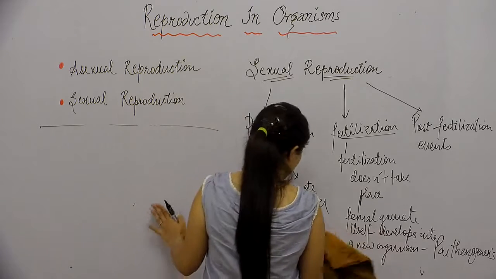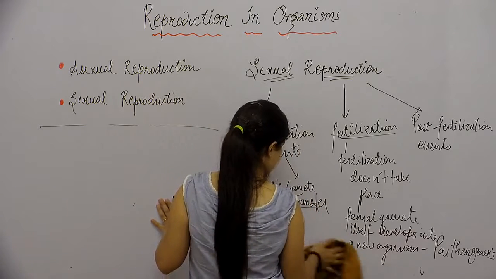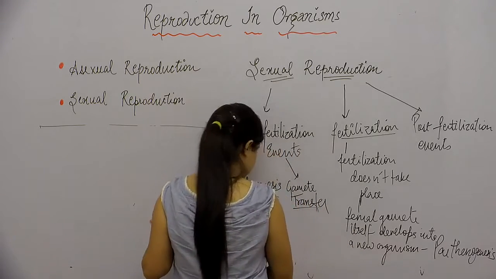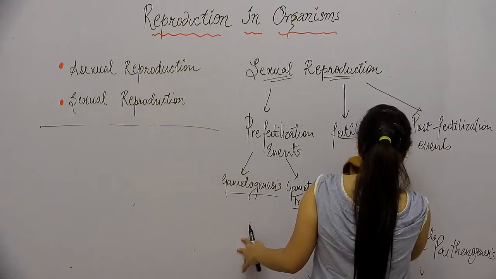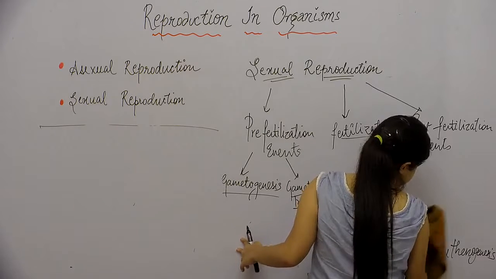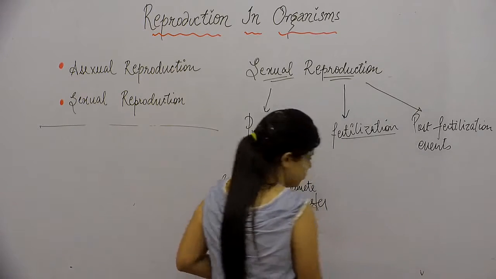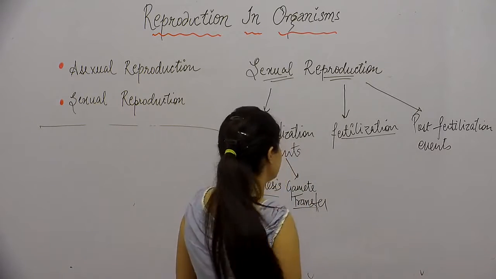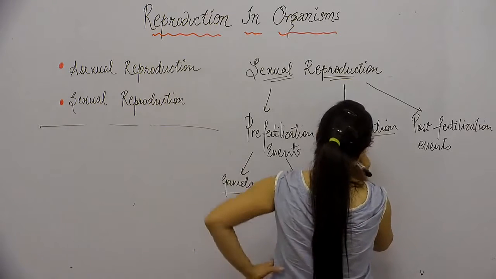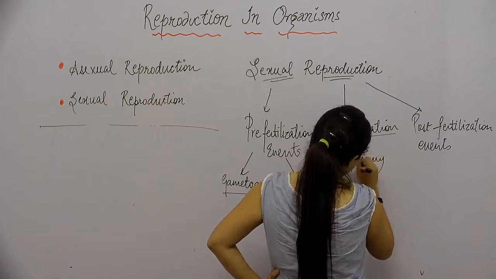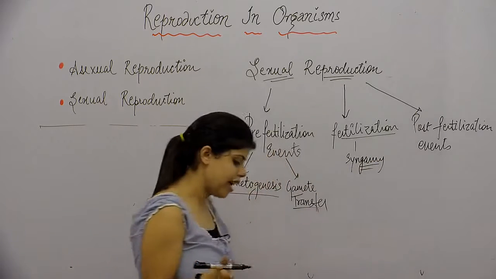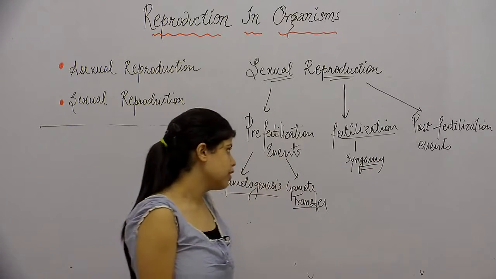So now that we know where fertilization doesn't take place, let's talk about where fertilization does take place. So in the process of fertilization, there is a common term known as syngamy. It is the meeting of the male gamete with the female gamete.